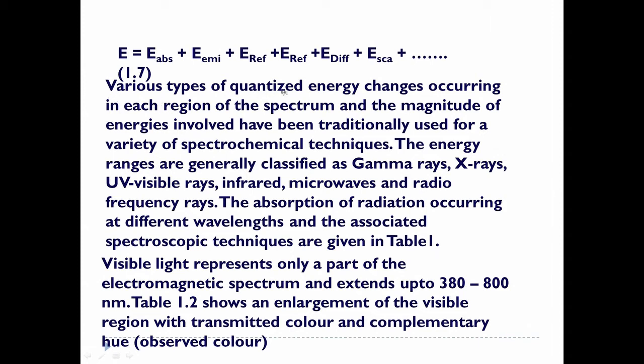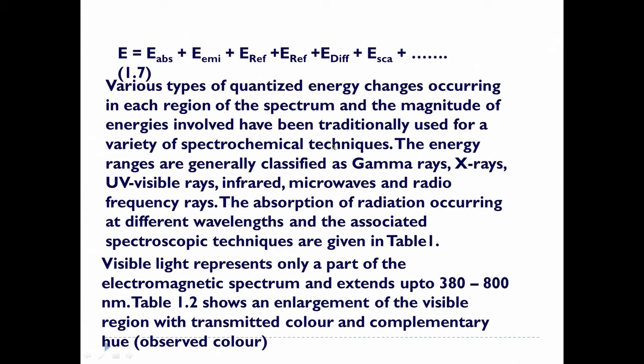Therefore, various types of quantized energy changes occurring in each region of the spectrum, and the magnitude of energy involved, have been traditionally used for a variety of spectrochemical techniques.